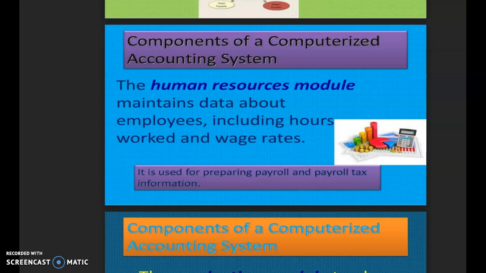Here, payroll and payroll tax means the salary, commission, bonus or compensation details of all the employees, as well as the tax accrued or the tax to be deducted from the employees' compensation. You all know that in a large organization, a large number of employees function.